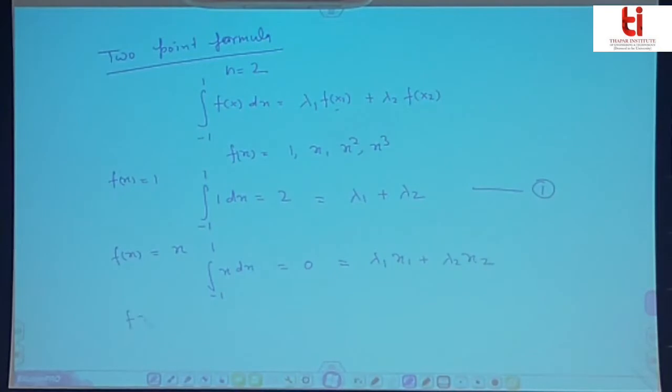Now we take the case f(x) equal to x square, so the integration from minus 1 to 1 of x square dx is x cube upon 3, with limits minus 1 to 1, it is 2 upon 3, equal to lambda 1 x1 square plus lambda 2 x2 square. This is equation number 2, this is equation number 3.